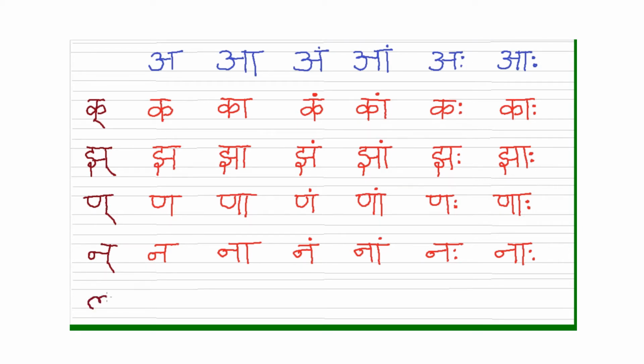So this would be la with the hal, and then the guNitAksharam would be la, laa, lam, laam, laha, laaha.